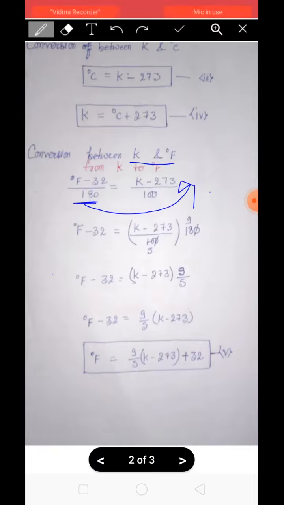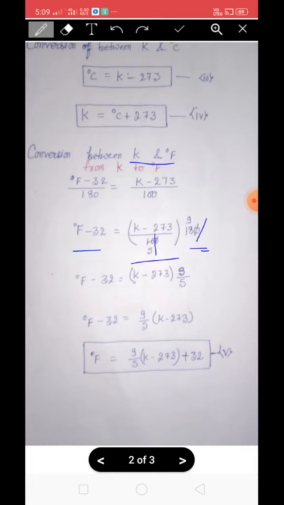So next is F minus 32 is equal to K minus 273 divided by 100 into 180. The zeros will get cancelled out, and then 2 5s are 10 and 2 9s are 18. Understand? Now it will become like this: degree Fahrenheit minus 32 is equal to K minus 273 into 9 by 5.